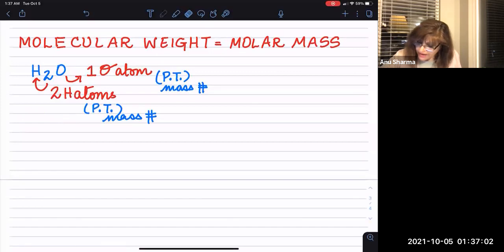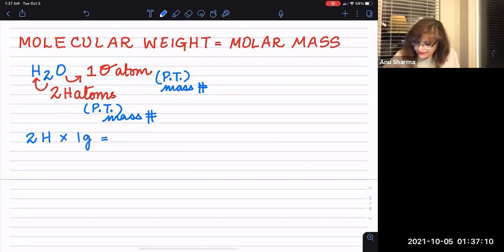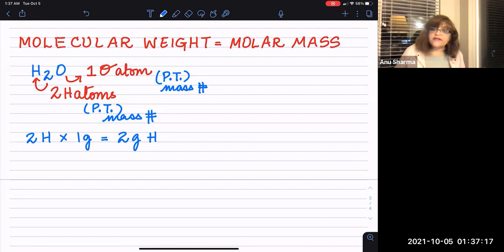So 2 atoms of hydrogen at 1 gram each is 2 grams of hydrogen. The 2 grams of weight is coming from hydrogen.